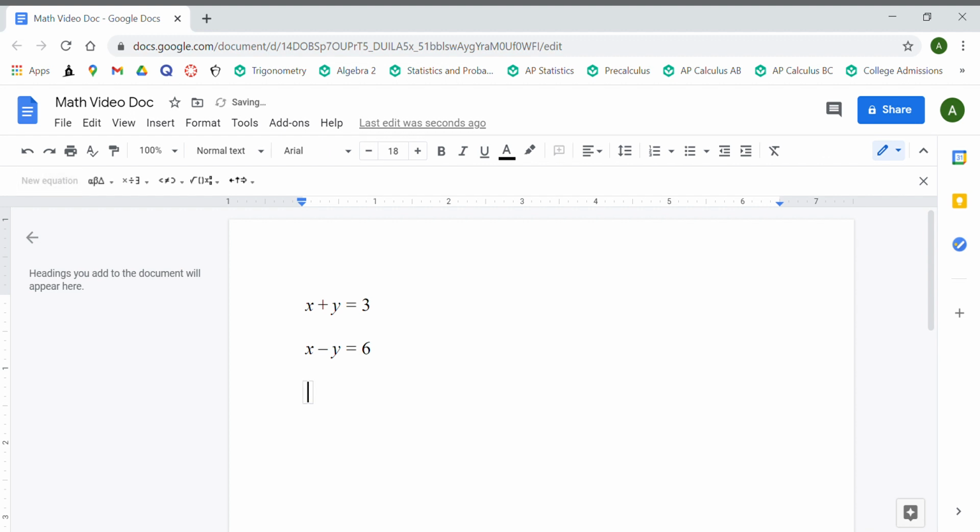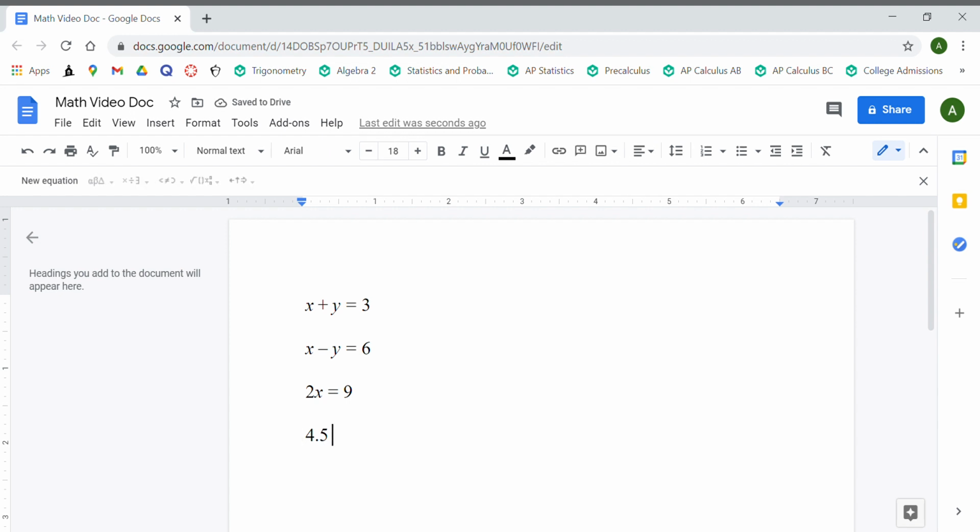Notice that the positive y and negative y cancel each other out, so we add the two equations together and get 2x plus 0y equals 9. Then we divide each side by 2, and we get x to be 4.5.